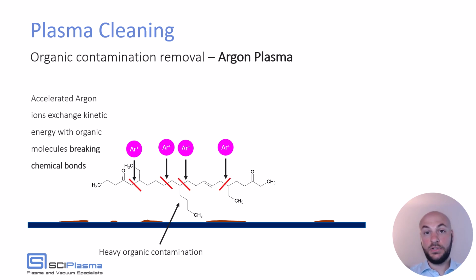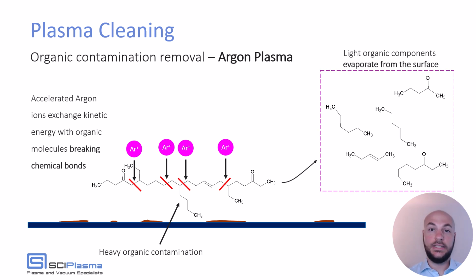When we break chemical bonds, the byproducts that we obtain are very light, so light that they can escape the surface, go into the plasma cloud, go into the vacuum inside the plasma chamber and escape through the vacuum pump. This is the principle of plasma cleaning.